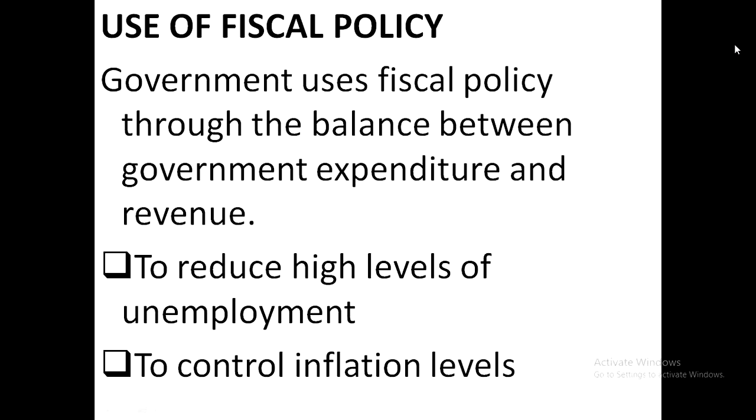Why? Government raises its revenue from tax. So if taxes are reduced, it means that government revenue will be reduced. So if you reduce government revenue, at the same time increase government expenditure, logically you have a deficit budget.